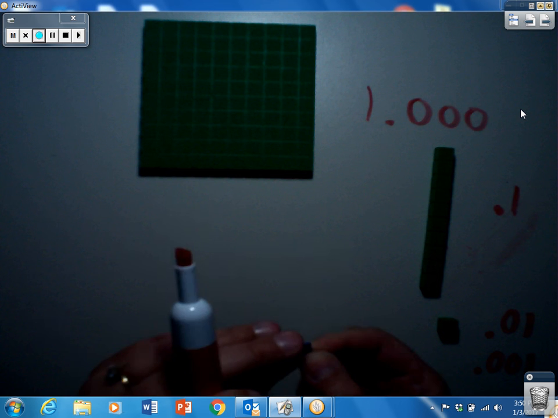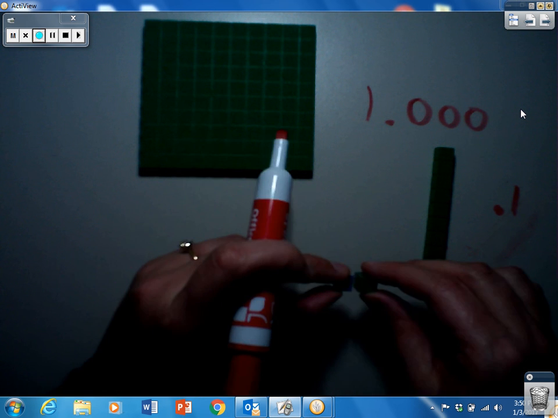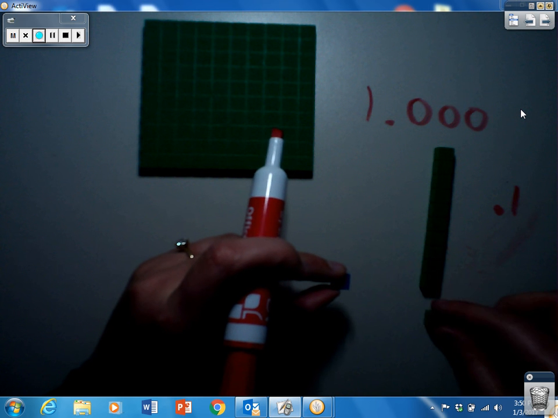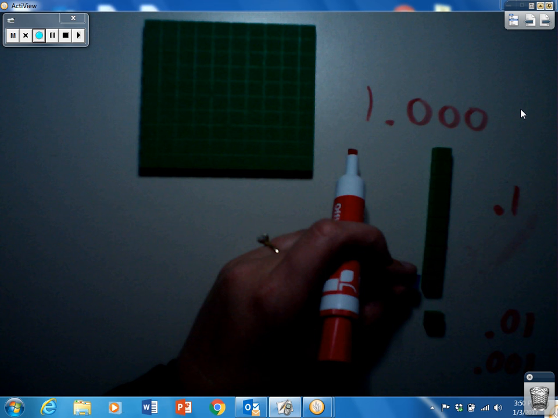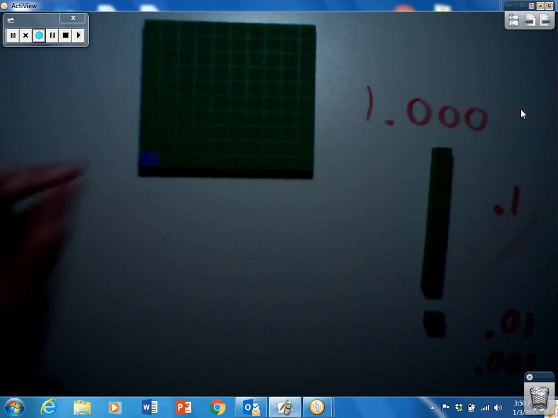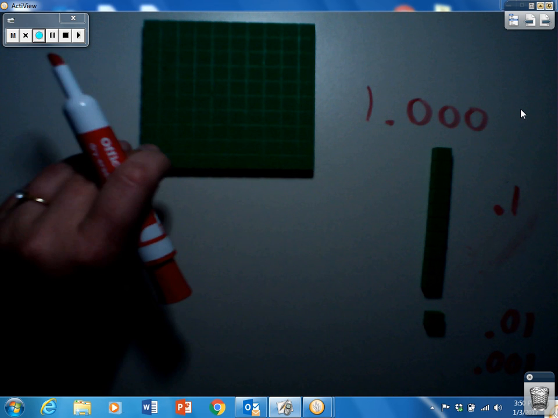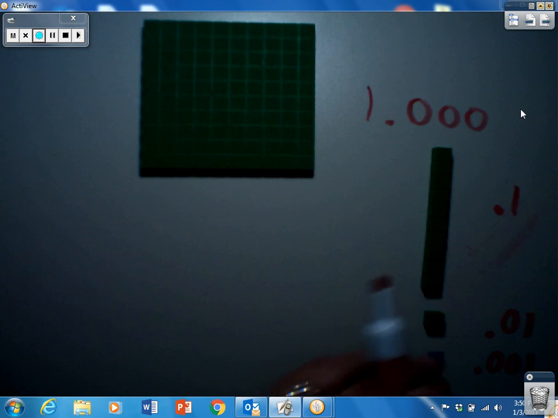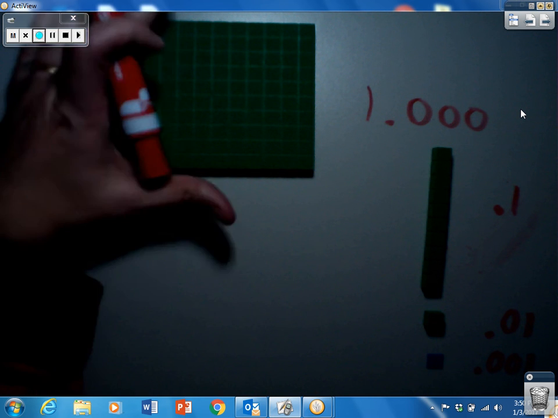There are 10 of these in each cube. There are 100 of these in each long. How many would be in each flat? You guessed it, 1,000. So this piece would be 1/1,000th of my whole thing, if my whole thing was a flat.